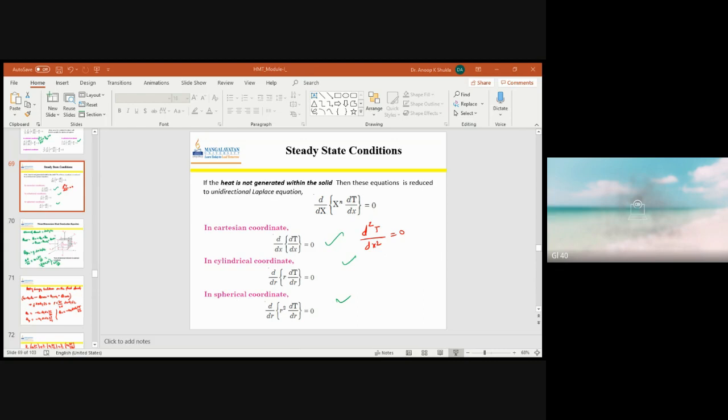So what will be the volume of this element? It's simply dx dy dz.